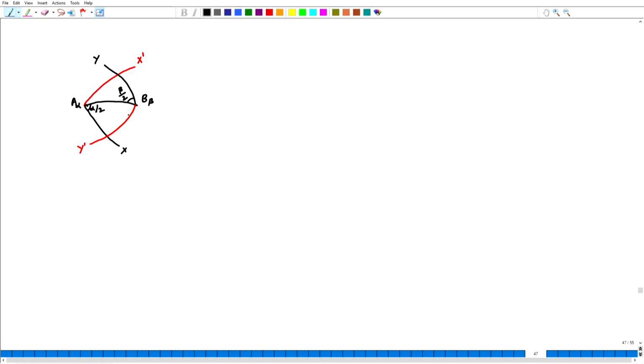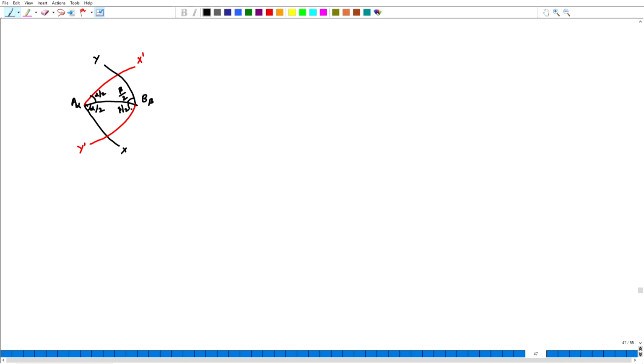Very clearly, if I put some of the angles here, since I have given a rotation of beta about the B axis, and this was already beta by 2, this has to be beta by 2. Similarly, the angle between the great circles A x prime and AB would be alpha by 2.